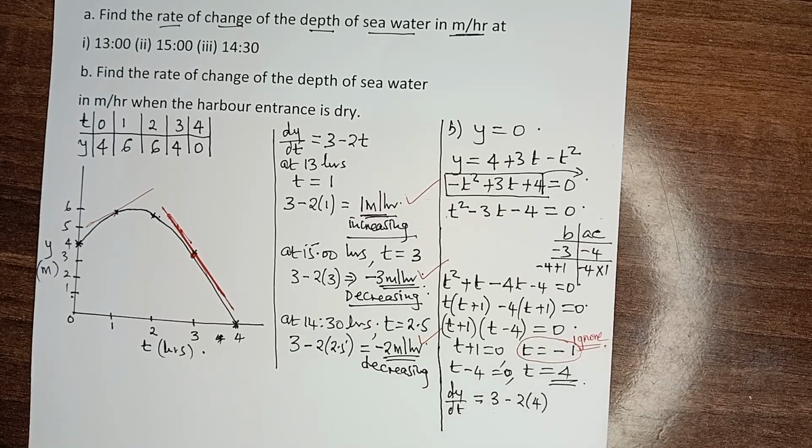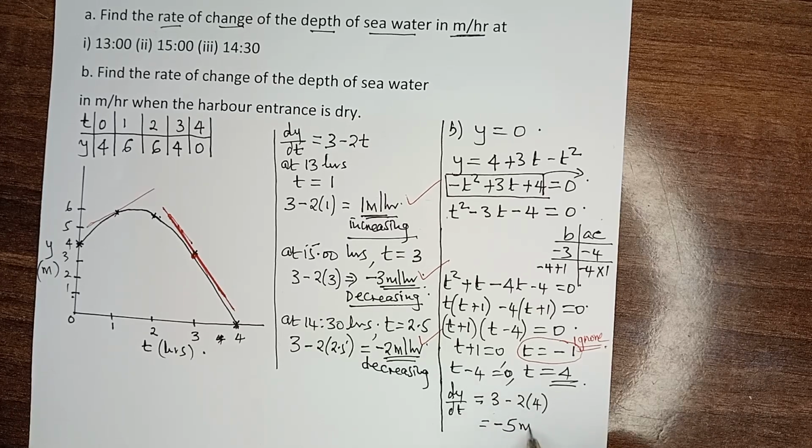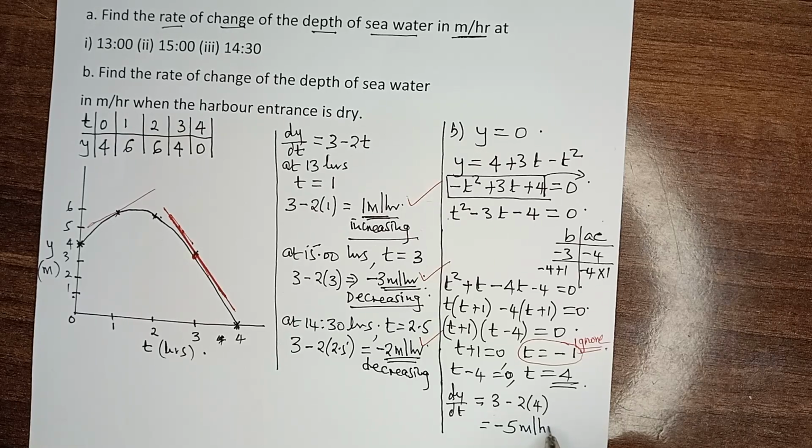That is 3 minus 8, which is negative 5 meters per hour. That is the rate of change 4 hours after midday.